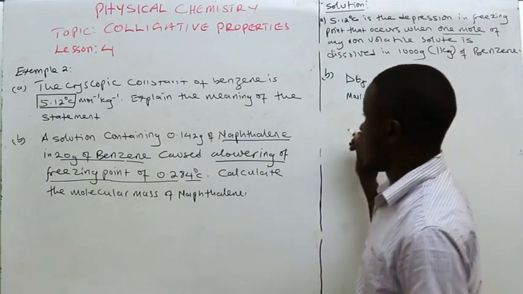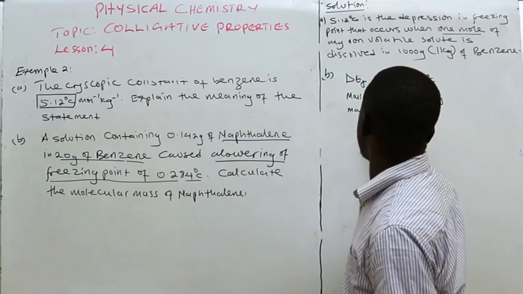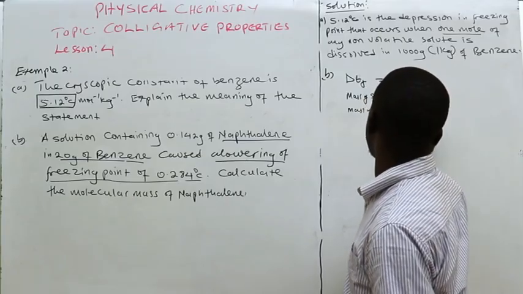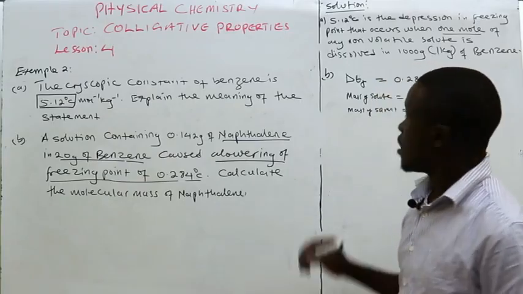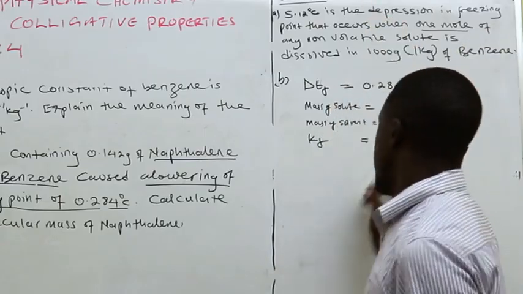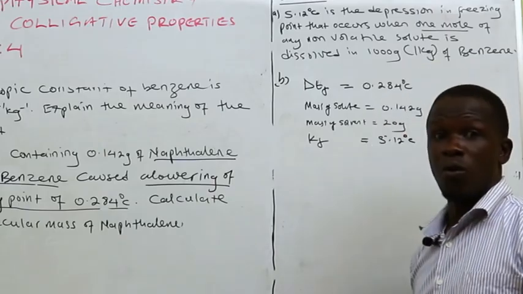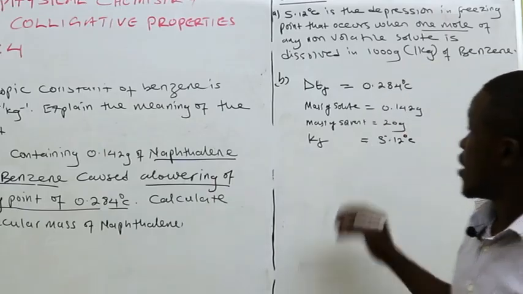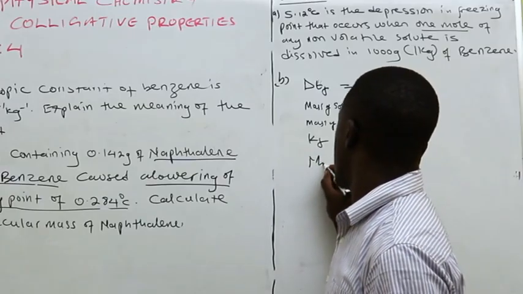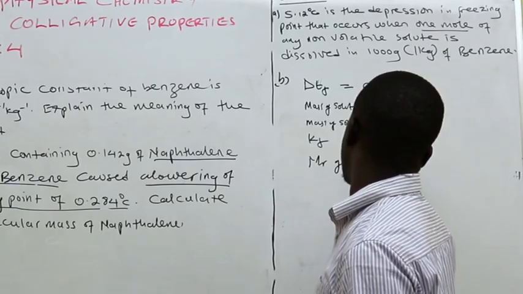They have also given us the mass of the solvent, which is 20 grams. Then we also know the Kf from part A is 5.12 degrees Celsius per mole per kilogram. So what we need is the molecular mass of the non-volatile solute.